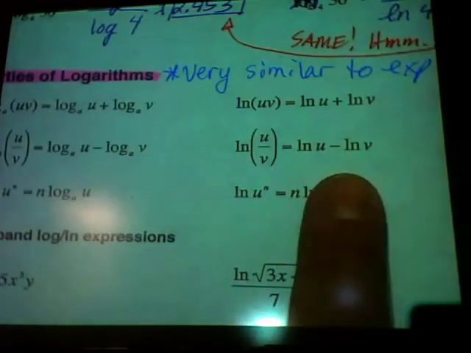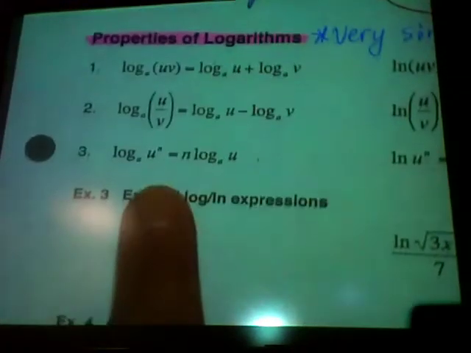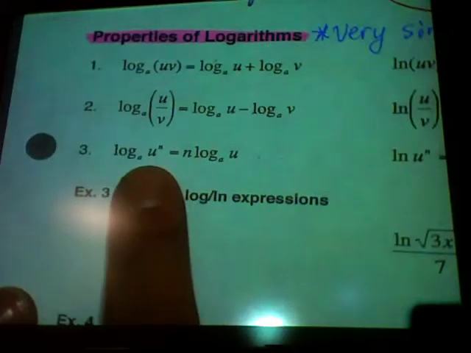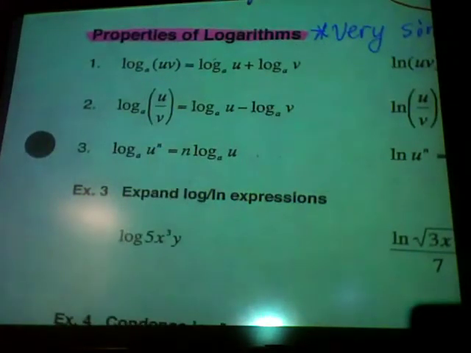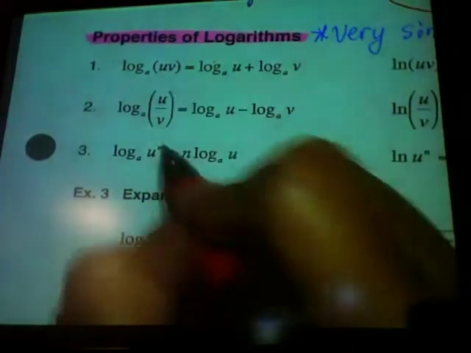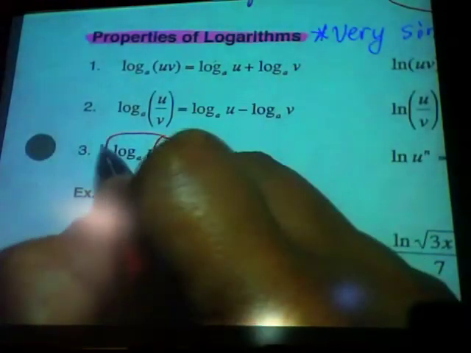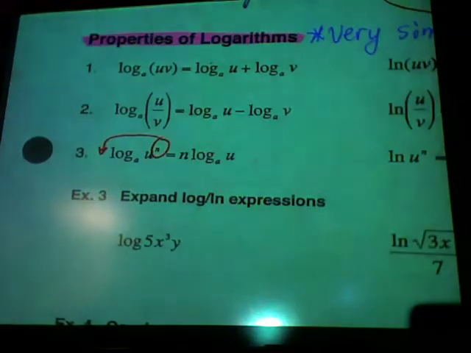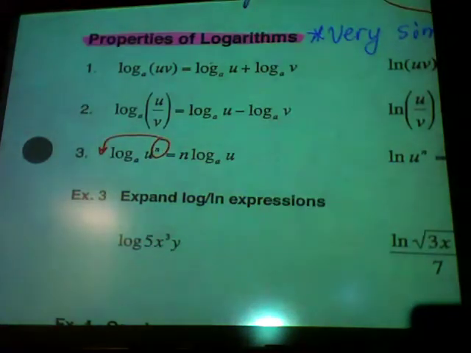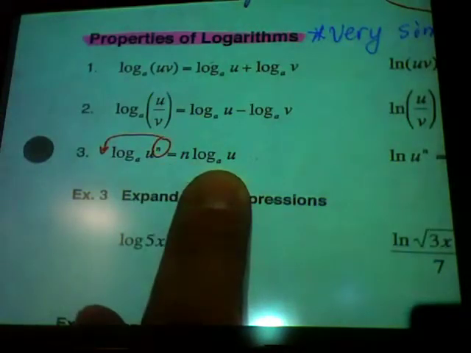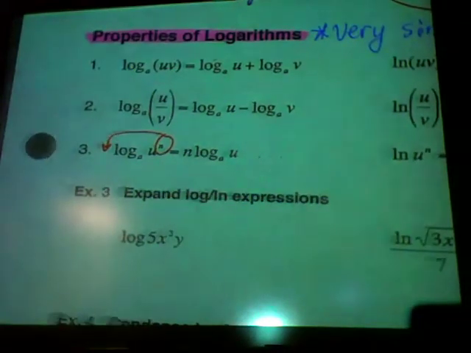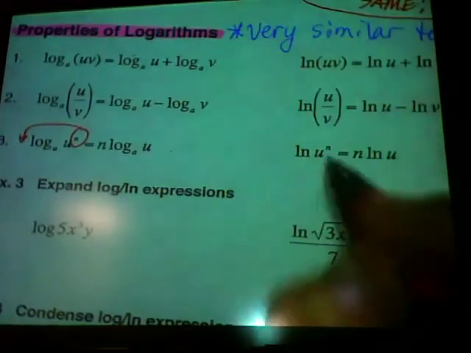And then this is interesting: if I had the log base something of something raised to an exponent, this exponent is going to get swung out in front and multiplied to that log. So whatever that exponent is, swing it out in front and multiply it to the log, and we just have that exponent times log base a of u. Again, the same thing occurs with natural log.